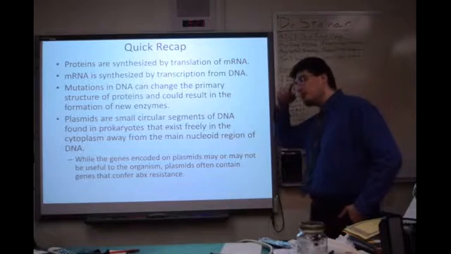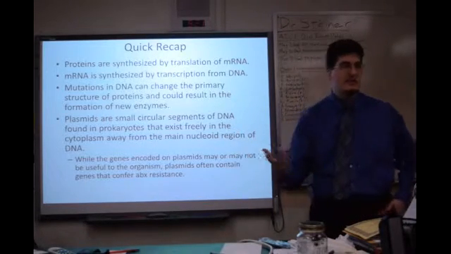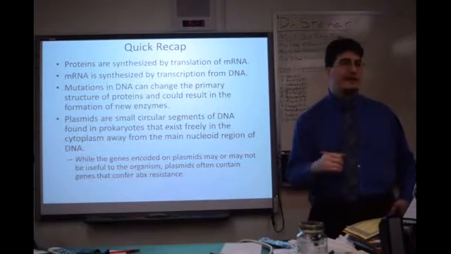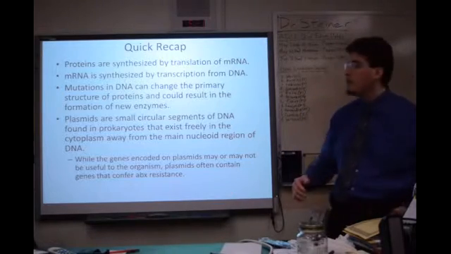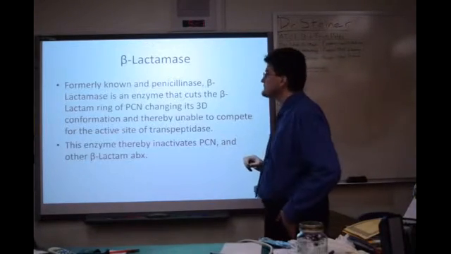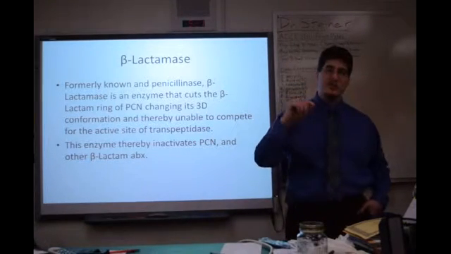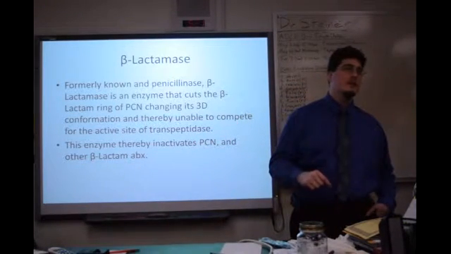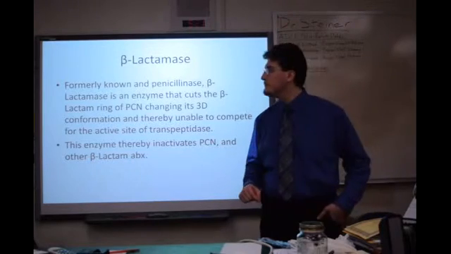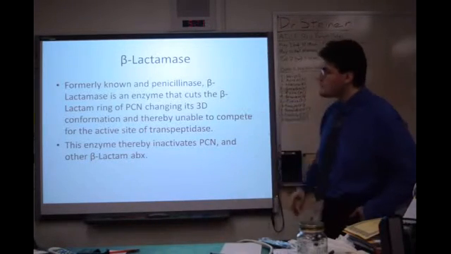And that's a big problem for a number of reasons. Usually horizontal transmission, which we'll discuss in just another moment. Beta-lactamase is one such plasmid-mediated antibiotic resistance gene. It's formally known as penicillinase.